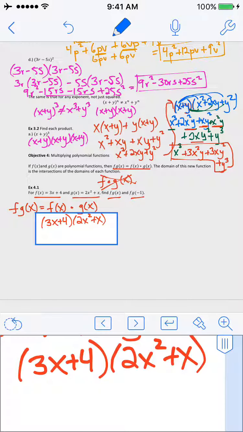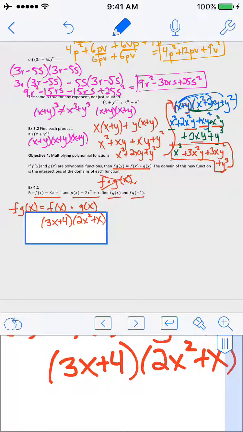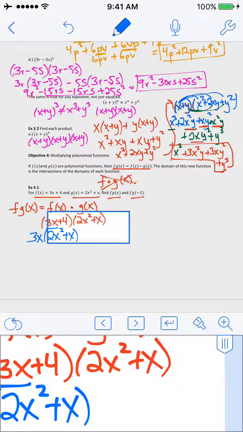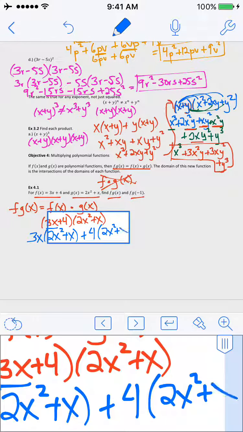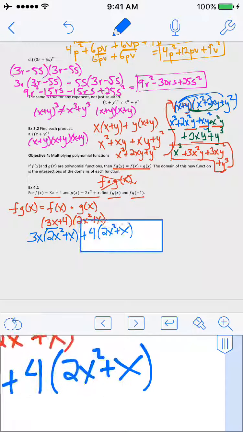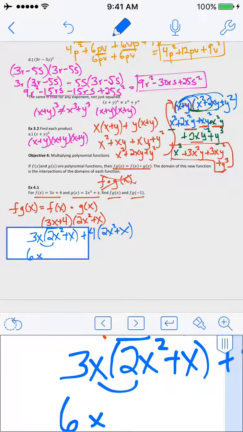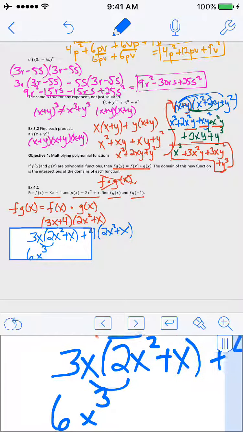So we can start by distributing that first monomial to the binomial, right? So 3x times 2x squared plus x. And then we'll do the second one, plus 4 times 2x squared plus x. And then we'll tackle them one at a time. So multiply that, you get 6x cubed, right? 3 times 2 is 6, and x times x squared is x cubed.